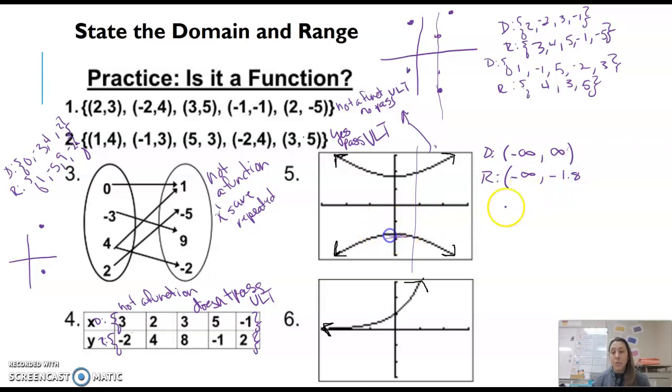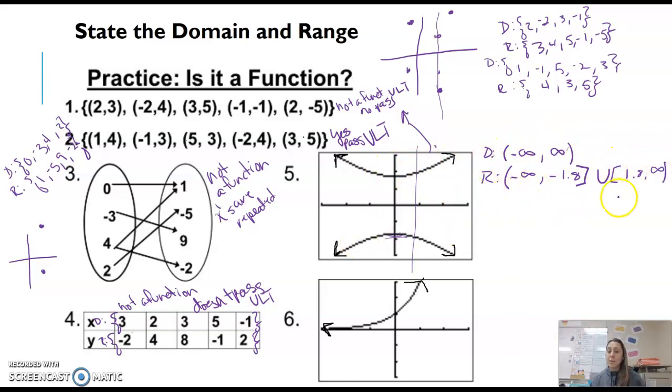But it does equal that because there's a line there, so we're going to use that bracket. And then we use the union symbol on our computer, and we start at +1.8. So it's like it's jumping, and then it goes to infinity because it's going to go up forever.